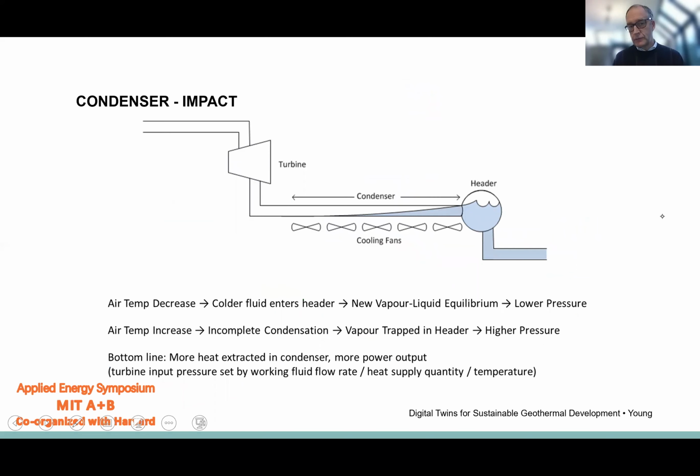We used this model to advise on the design of the cooling fans and what we needed to do in terms of adding more or operating them better.